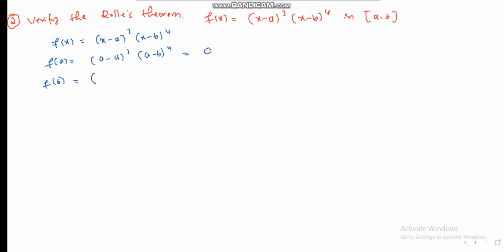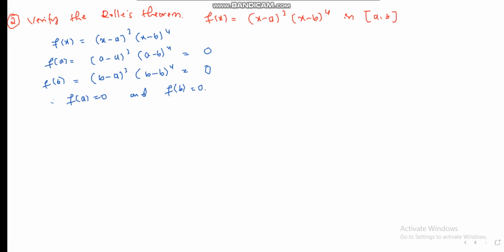Then similarly, what about f(b)? Again the same: (b minus a) whole cube, and in the place of x we substitute b, so we get (b minus b) raised to 4. Again we get 0 because b minus b is 0, and 0 into anything is 0. Therefore f(a) is equal to 0 and also f(b) is equal to 0.